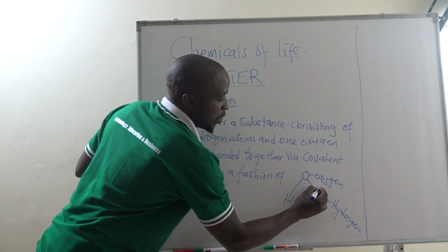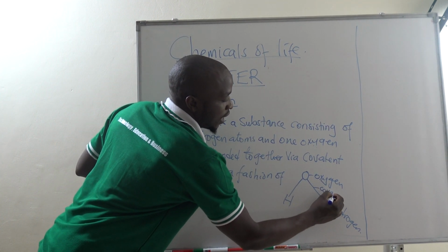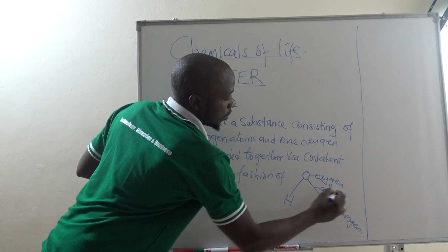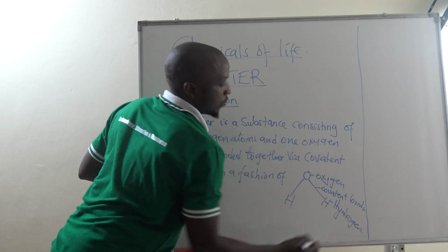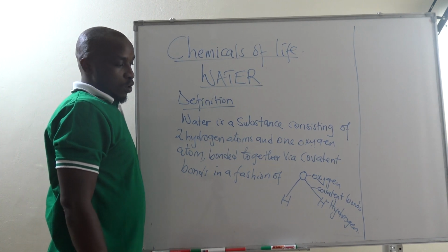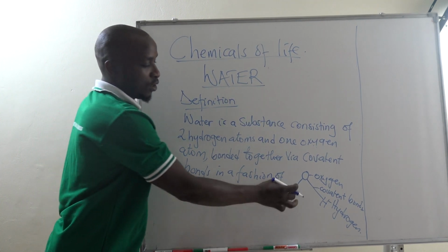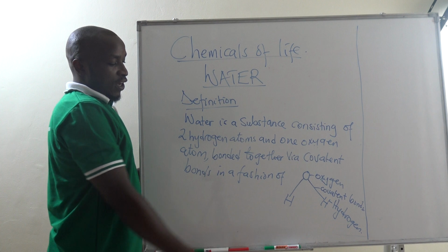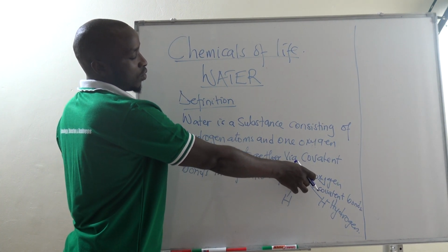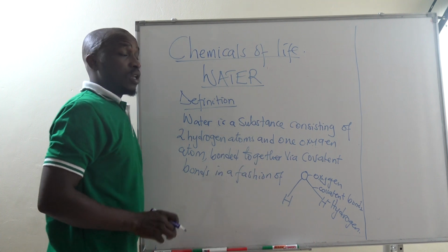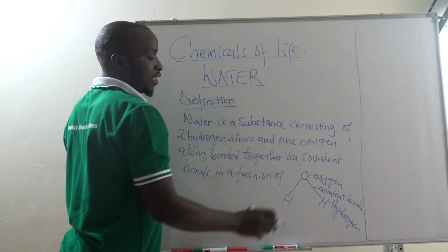These will now be called covalent bonds. Those will be called covalent bonds, this and that. So each hydrogen shares one electron with oxygen to form such bonds.